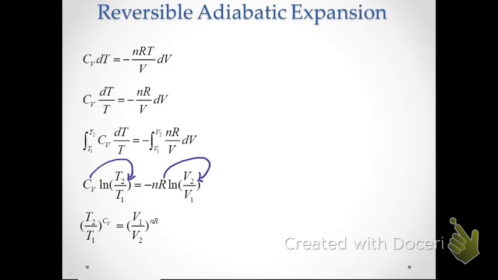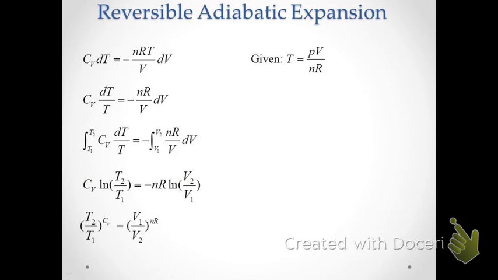Now, using the properties of logarithms, we can take the CV inside the logarithm by raising T2 over T1 to the CV power, and on the right side of the equation we can take negative nR into the logarithm, and that would give us V2 over V1 to the negative nR, or we can simply reverse the ordering of the V2 over V1, and that would be V1 over V2 raised to the nR, changing the sign from negative to positive.